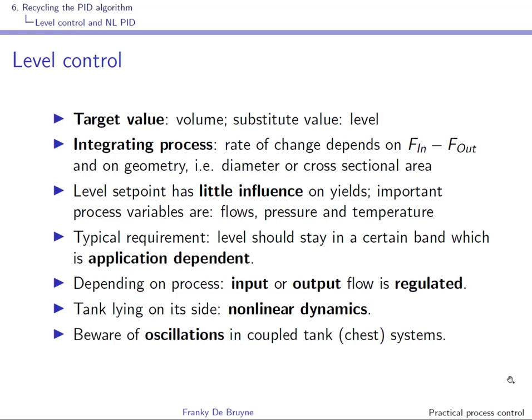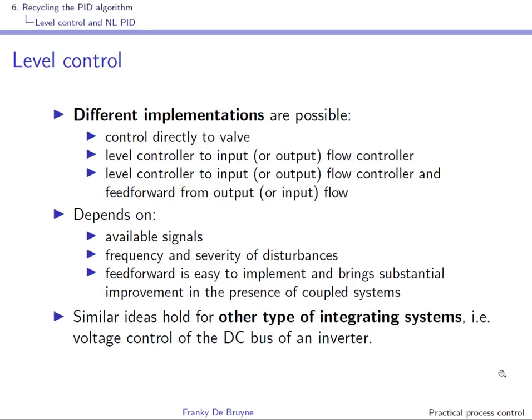And for this type of process, as for any integrating process, you have to beware of oscillations, and this is especially the case if you have several integrating systems in series, so here several coupled tanks. As I just said, level control can be done on the input or output flow, and different implementations are possible.